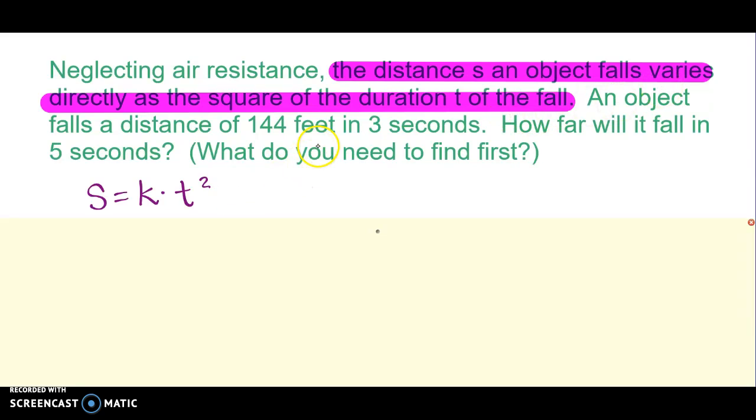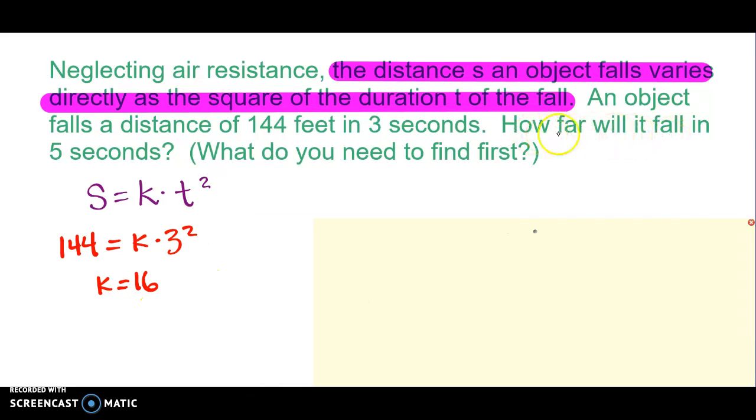So I started with that. Then I used the next given information because what I needed to find first was that constant, what should k be? So I used the given information. I have 144 feet equals k times 3 seconds squared. And I solved for k and I got 16.